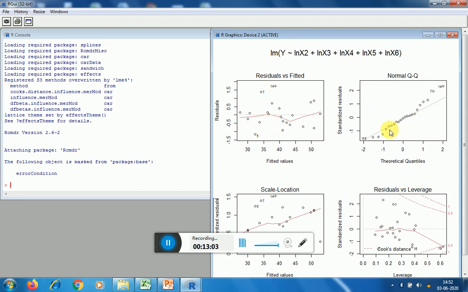Then if I check this normal QQ plot, which also shows the normality, as I said in my previous discussions, all the points must lie very close to this central dotted line, but here you can see that there are certain points going away from this line. So if I make this diagnostic test, I can observe that the normality condition is not fulfilled.